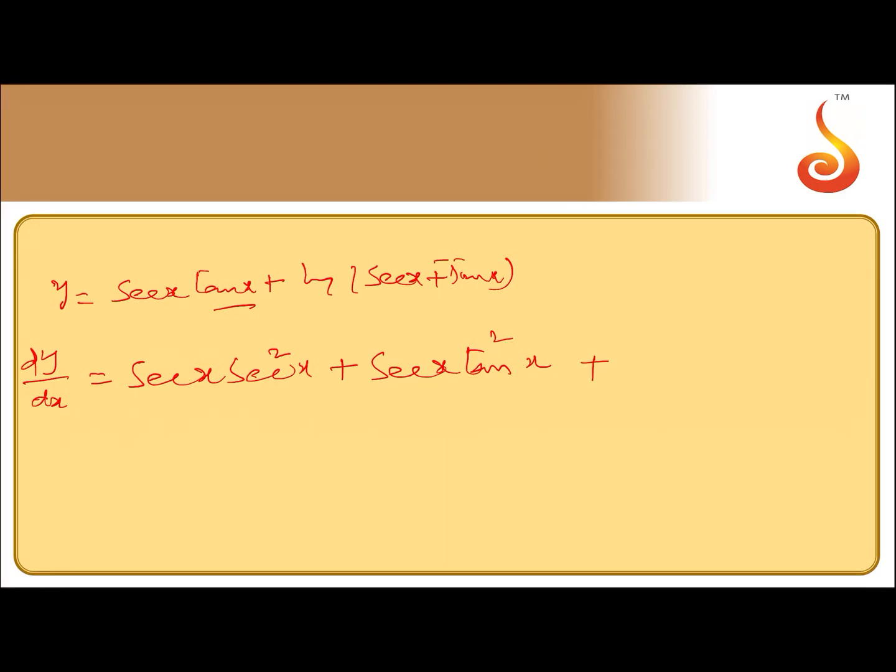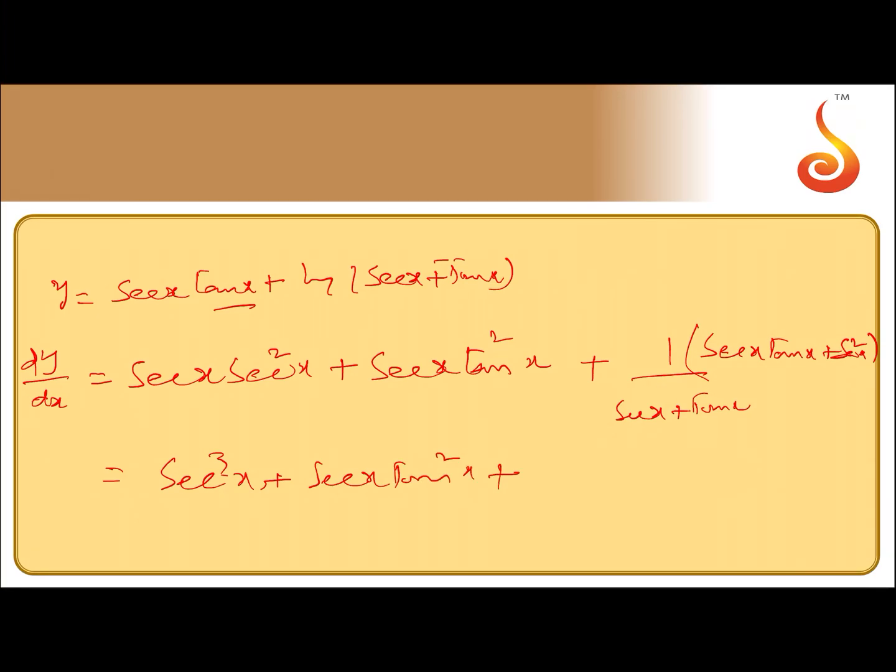Plus the derivative of logarithm of secant x plus tan x, which is 1 divided by (secant x plus tan x) multiplied by (secant x tan x plus secant square x). This is secant cube x plus secant x multiplied by tan square x plus 1 secant x.